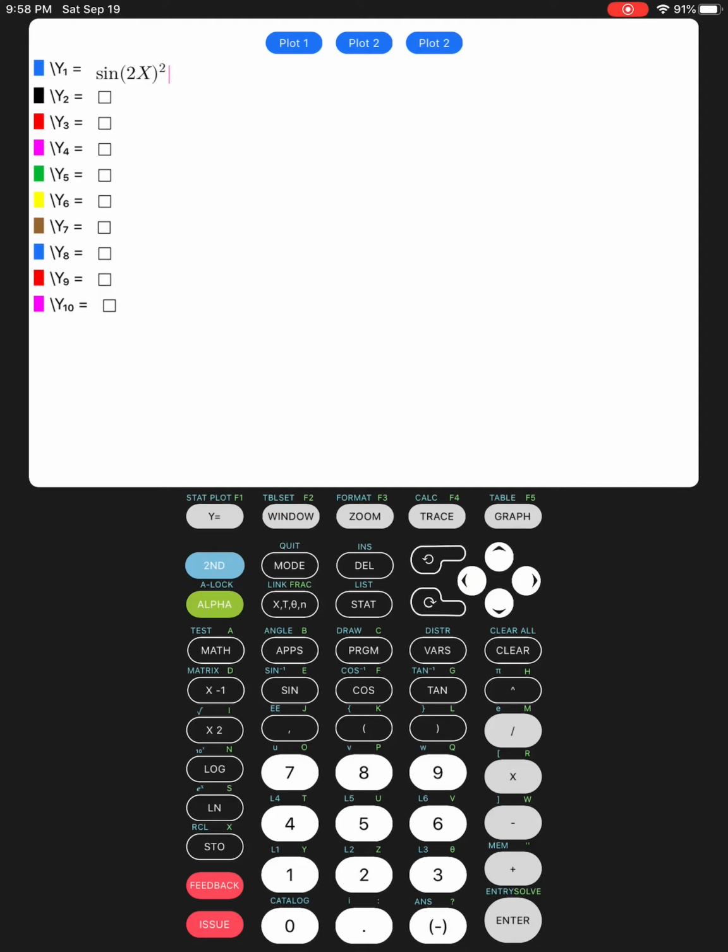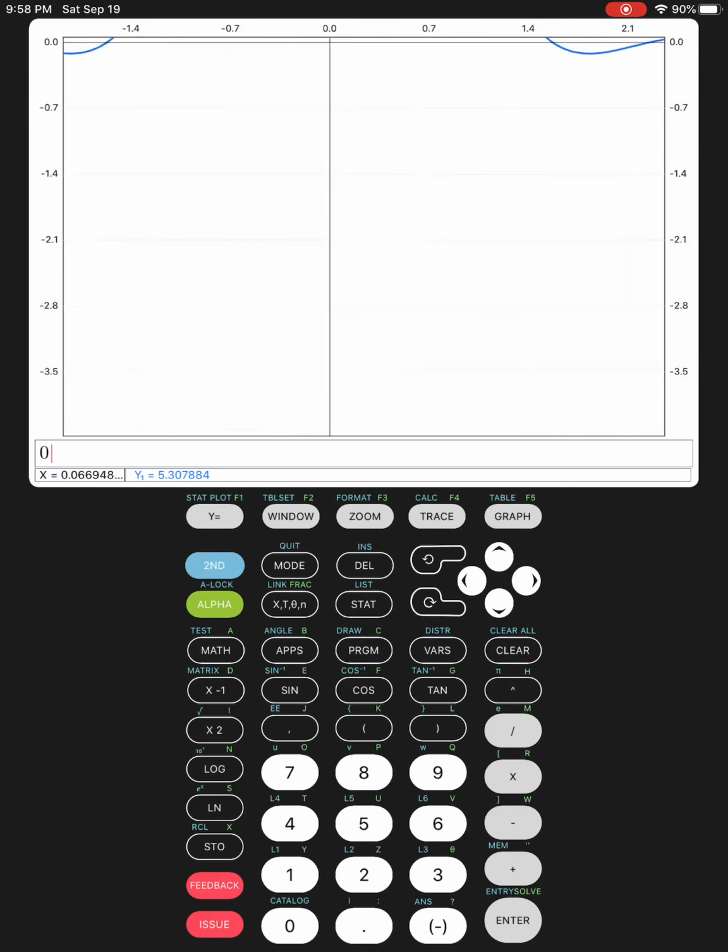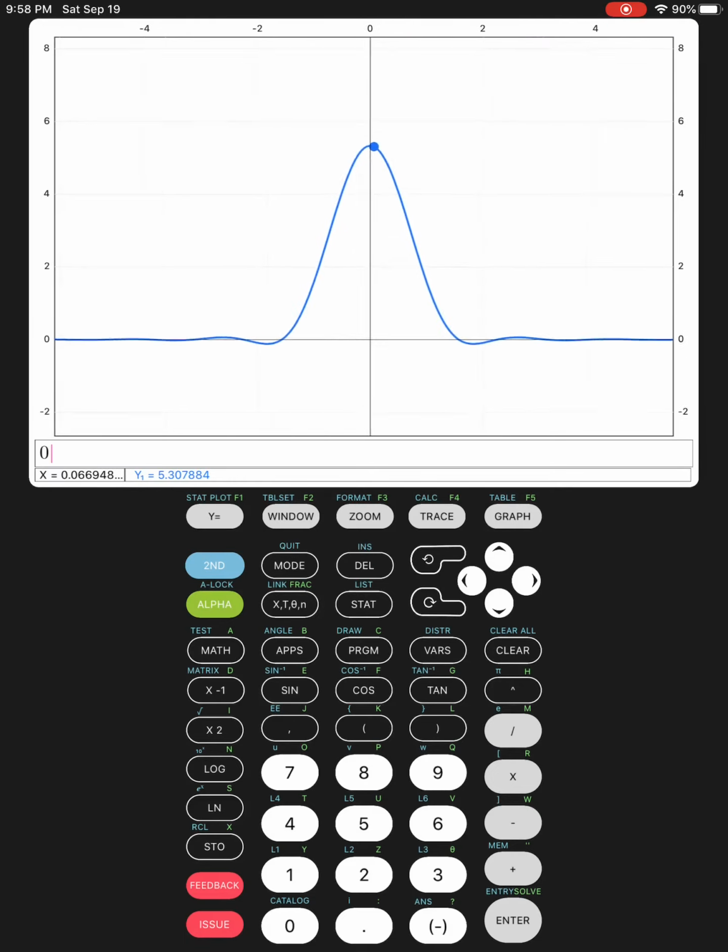Now I want to make sure to get out of the exponent up there, so I can do my x times sine of 4x and close that off. Now I want to put parentheses around this whole thing to make sure it understands it's all on the top of the fraction, and then we have x to the fourth in the denominator.